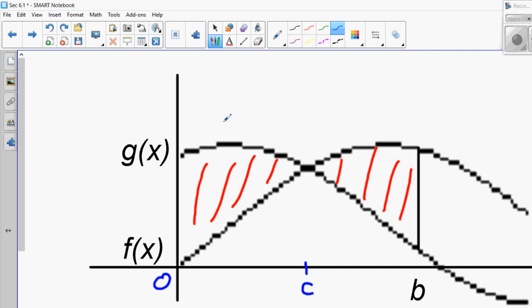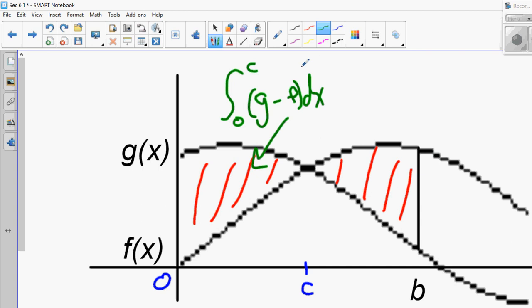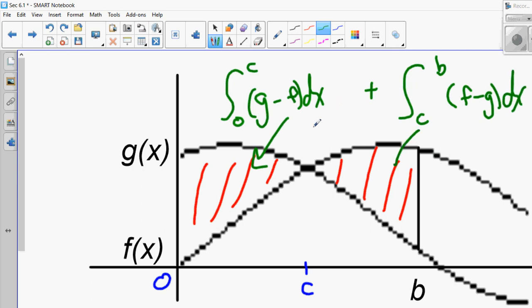So to do this, we have to find point C on our calculator. And so I'd have to do the integral from 0 to C of G minus F, and that's going to give me the first half, plus the integral from C to B of F minus G, and that's going to give me the second half.